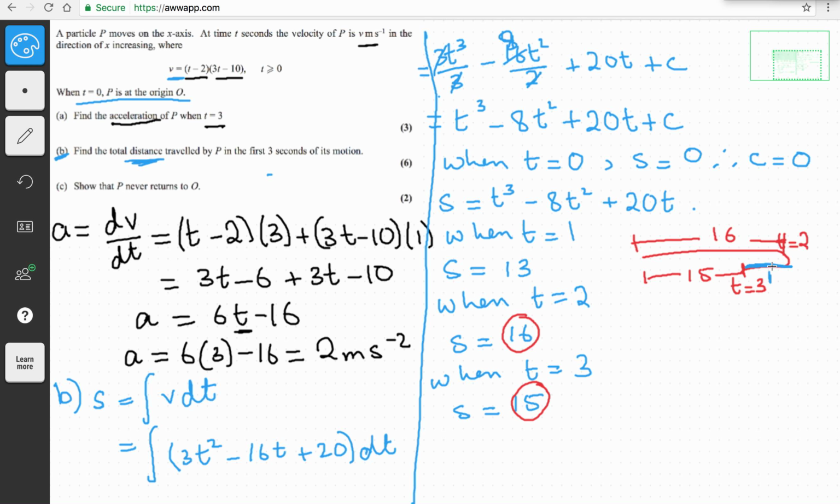To find the total distance, not the displacement, we have to add the total distance that it has traveled, so the total distance equals 16 plus 1. So the total distance is 17 meters.